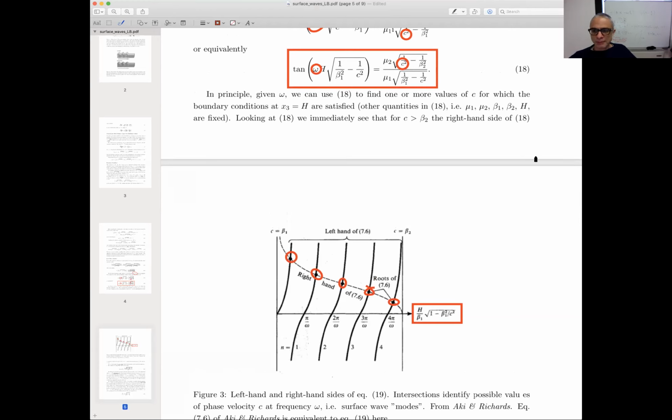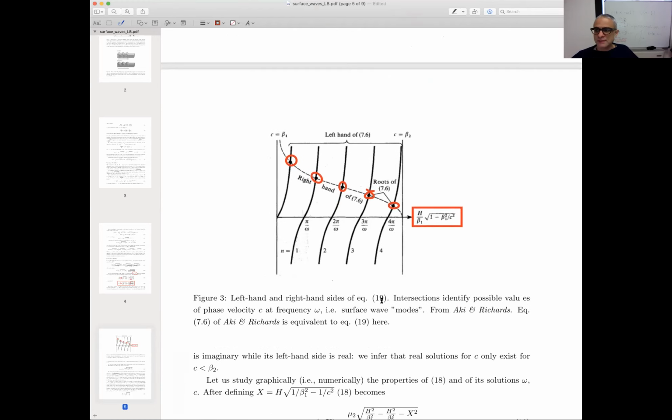So the bottom line is that just like we speak of eigenfrequencies and eigenfunctions, or normal modes and normal mode frequencies in the case of a string, or for the free oscillation of an elastic body in general, also in surface waves we have modes.